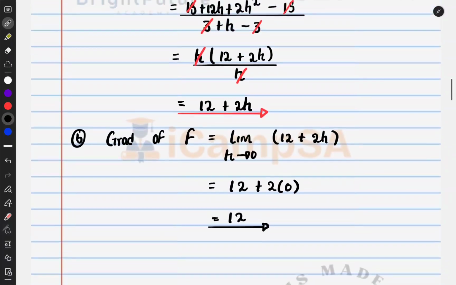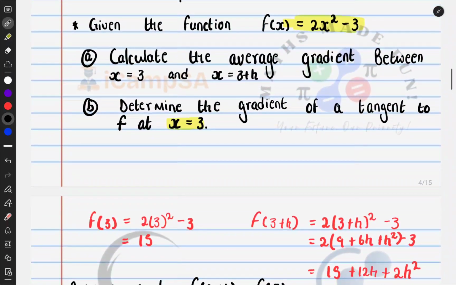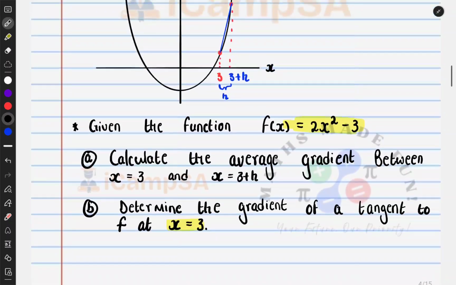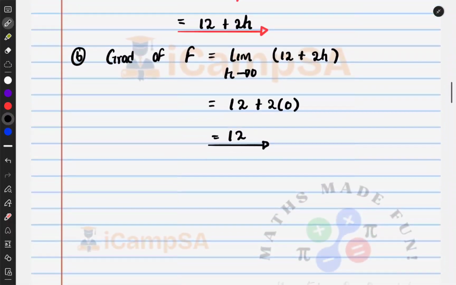So that is how we calculate the gradient of f at x is equal to 3. Basically, we take smaller and smaller values of h up until h is equal to 0, but h can never be equal to 0 in principle, because that would make the original function undefined.